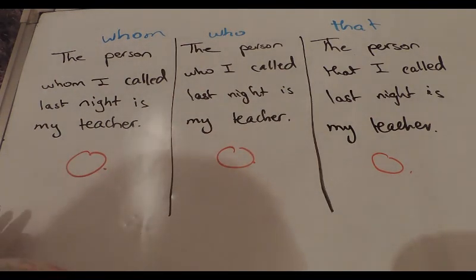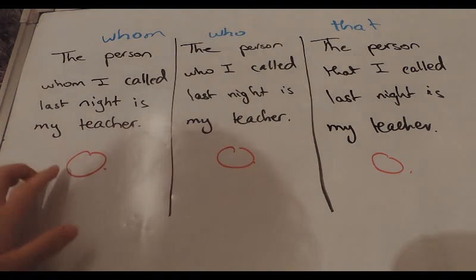Look. The person whom I called last night is my teacher. Let's have a flashback to when, in previous videos, I taught you that in questions, to know if our pronoun is in subject or object case, I answered the question. Well, those sentences are in questions, but I can rewrite them in a way that defines them.